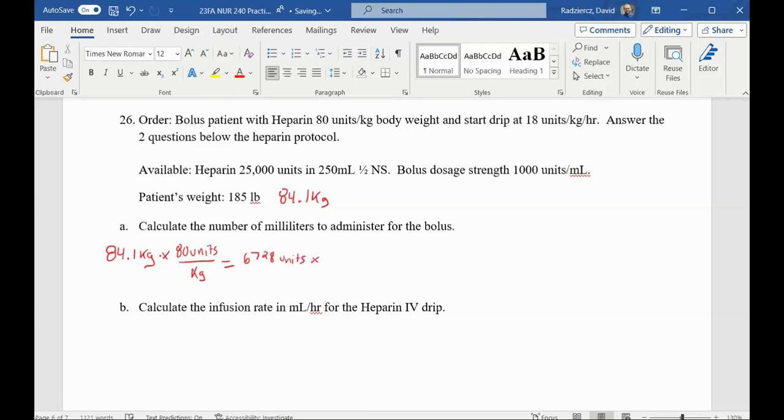I don't want units, I want milliliters. So I need to find a way to convert units to milliliters. I'm going to look at my bolus dosage strength, 1,000 units per 1 milliliter. And so I'm going to get an answer of, rounded to the nearest tenth, 6.7 milliliters.